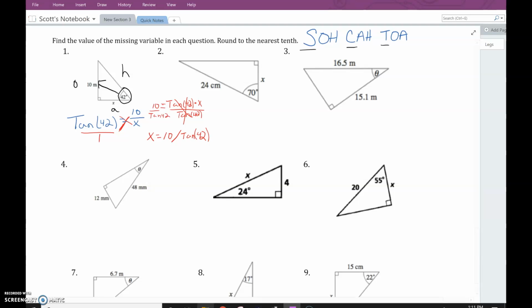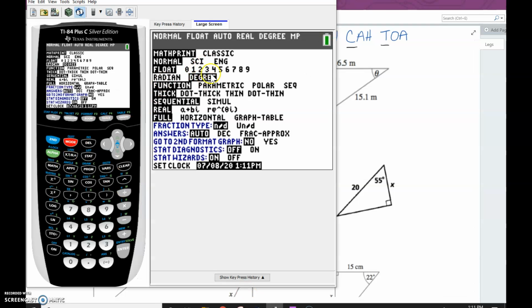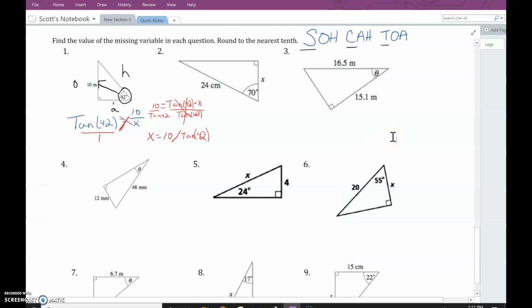In my calculator, I'm going to go 10 divided by tangent 42. Make sure we're in degree mode. Boom, 11.1. X equals 11.1, and you can put down the units, 11.1 meters.